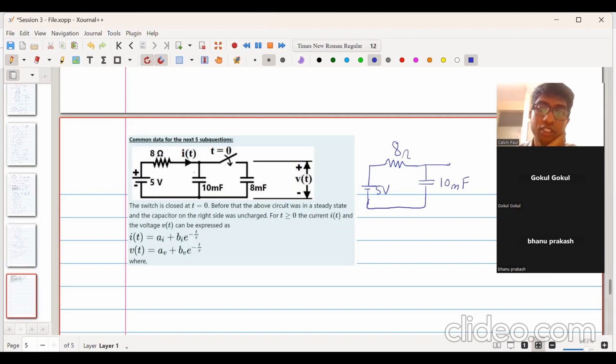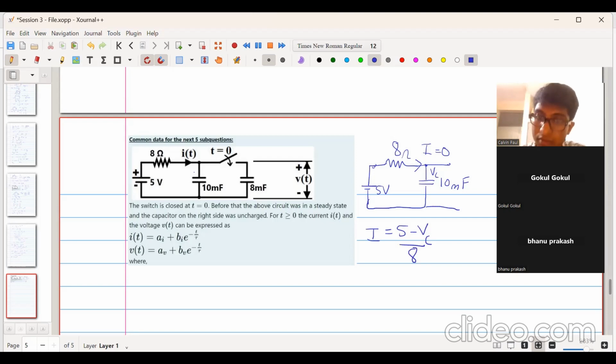This switch was open, so this part of the circuit does not come into the picture. When you say open circuit, it means the current flowing over here was 0. Let us assume the voltage over here is VC. Then current will be equal to (5 minus VC) upon 8, because it has to satisfy KVL.